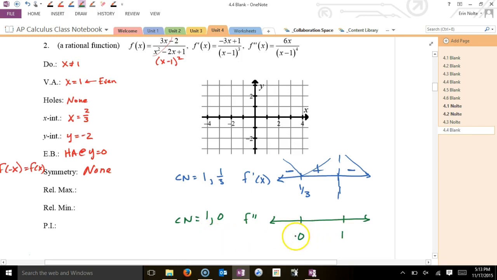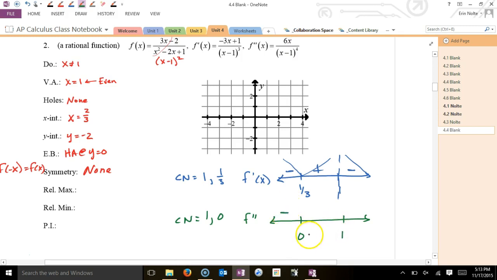So let's see, if I do my number line test, a negative 1 plugged in, negative 1 would be a negative over a positive, so I get a positive for that one. Excuse me, a negative over a positive is a negative.